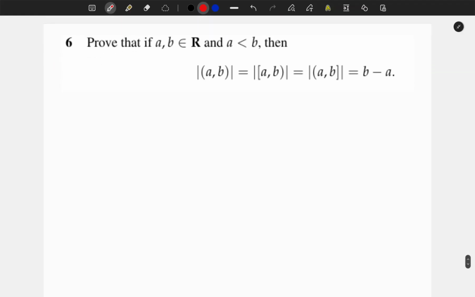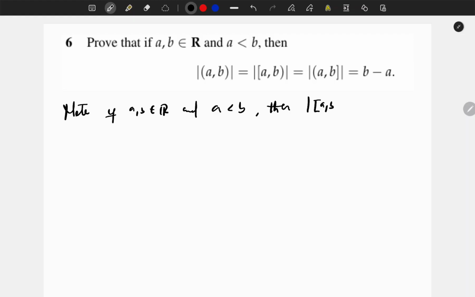Alright, so note, before we start the proof, that if a, b belongs to R and a is less than b, then the outer measure of a closed bounded interval is equal to b minus a.